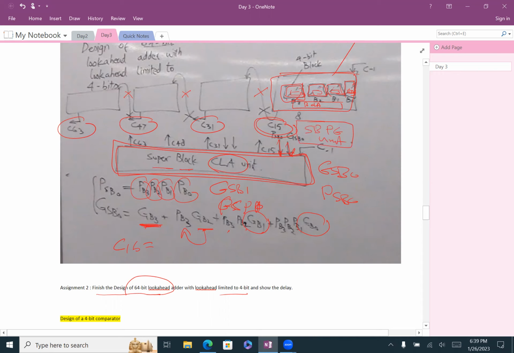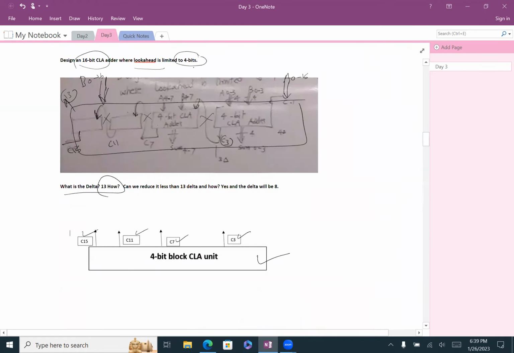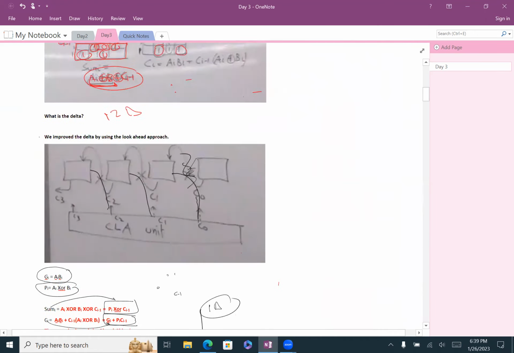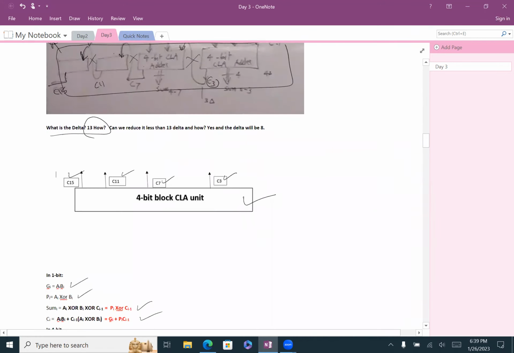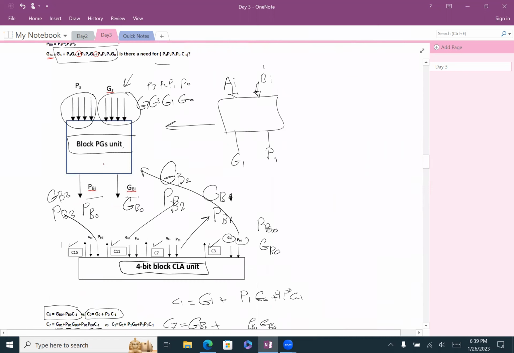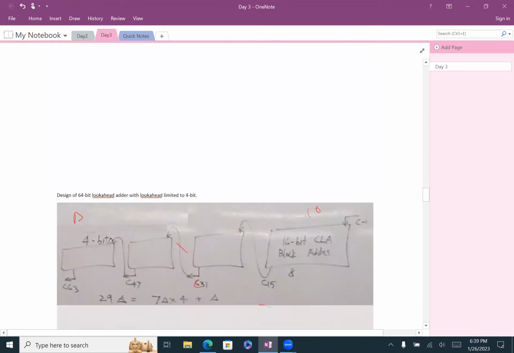Before, what did we name it? Yes, we named it block BG. Now the new one is going to be super block BG, right? Then maybe ultra or something. So that's the second assignment.